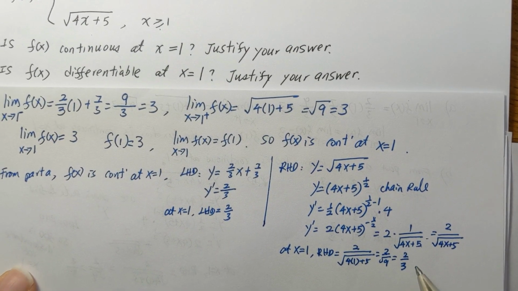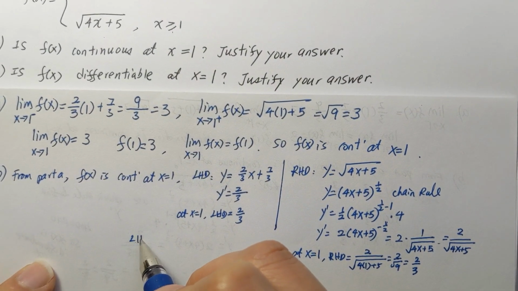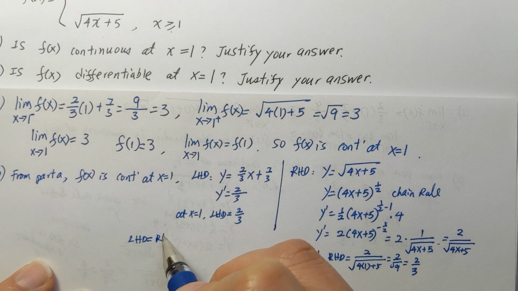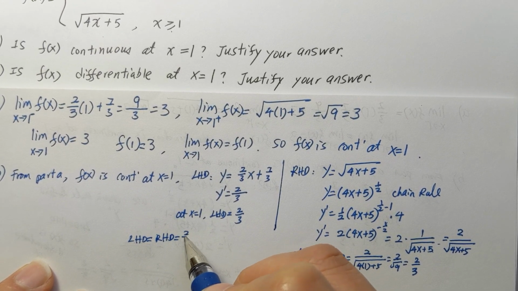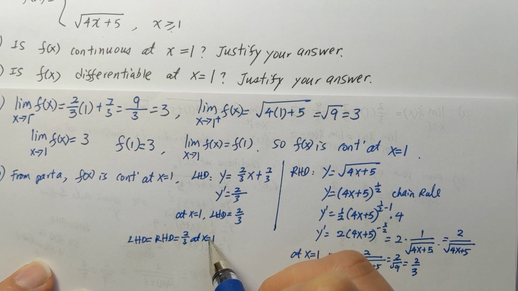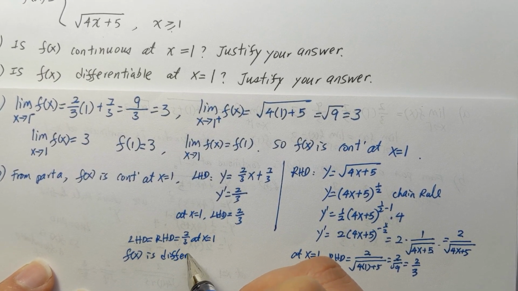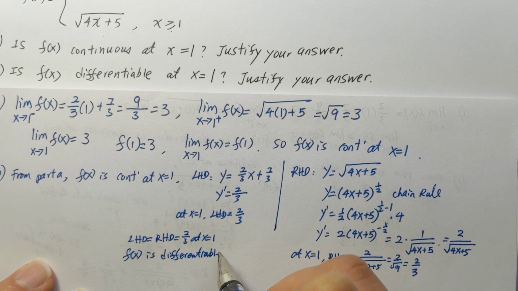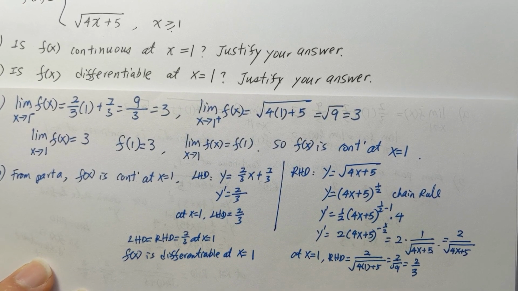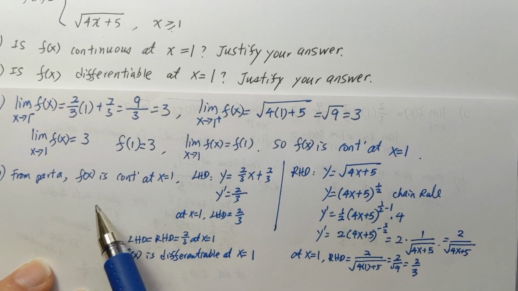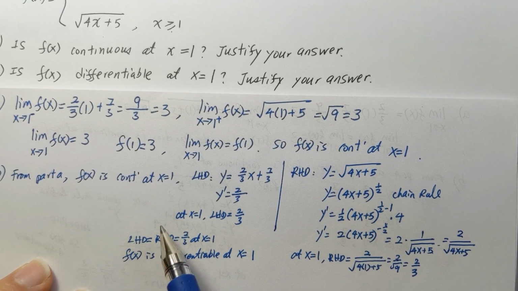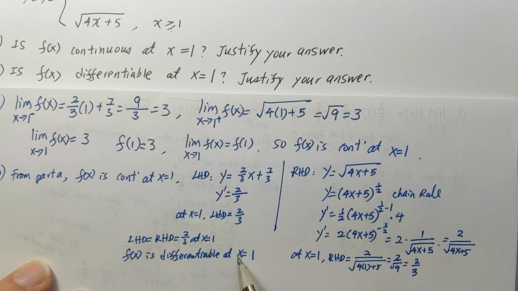So now we can say that f of x is differentiable at x equal to 1. Both conditions met. Continuous at x equal to 1 and also the left-hand slope equal to right-hand slope at x equal to 1. So definitely f of x is differentiable at x equal to 1. So we finished part B.